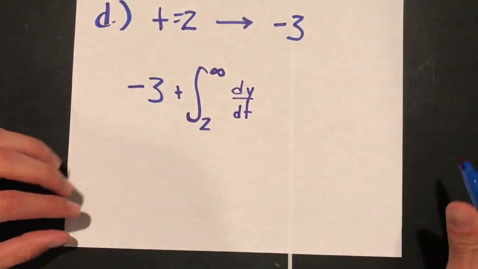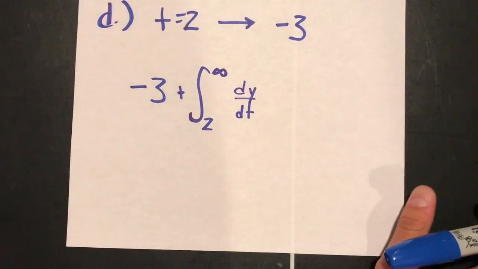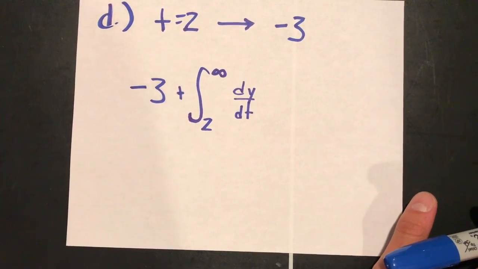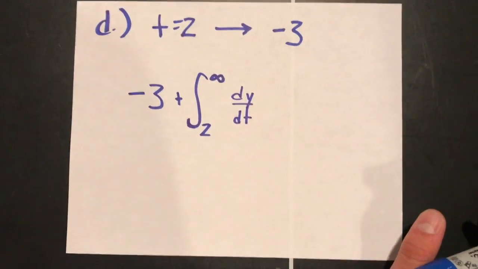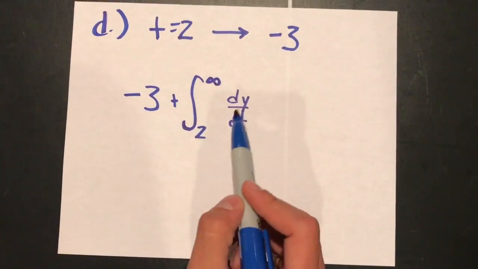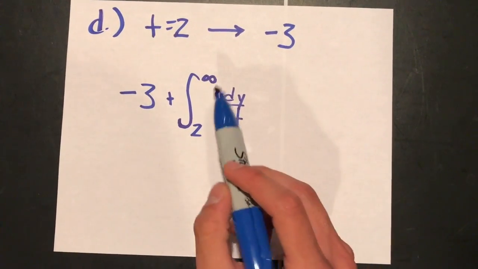This is similar to when it asks you to find the total distance traveled from a velocity function: you would take the integral of the velocity function.